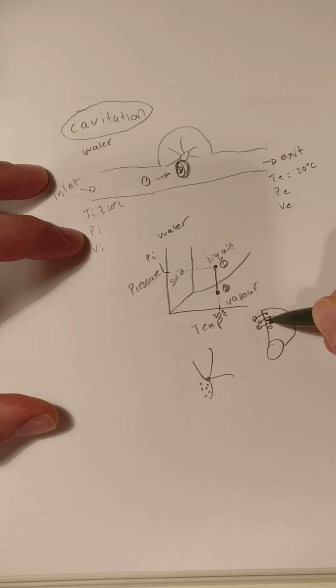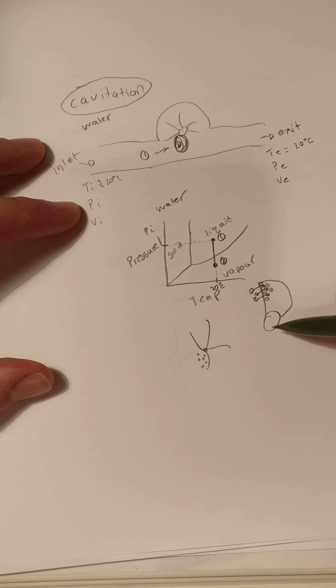You start to have these areas where it's extremely rough, and a rough fin correlates to an inefficient or ineffective pump, because now the liquid doesn't have a smooth surface to flow off of. So cavitation can affect the efficiency of your pump.